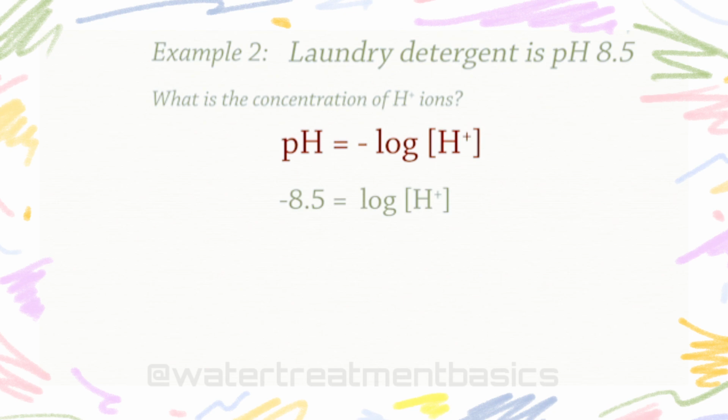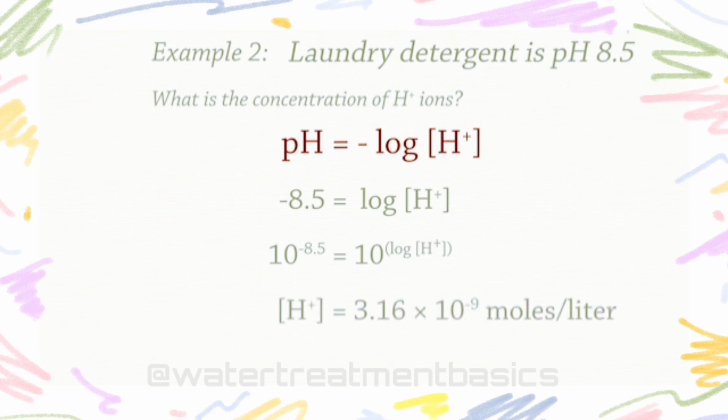Take the antilog, or inverse log, of both sides. 10 to the -8.5 equals 10 to the log of the concentration of H+ ions. The concentration of H+ ions equals 3.16 times 10 to the -9 moles per liter. Notice that this is much less H+ than in lemon juice.